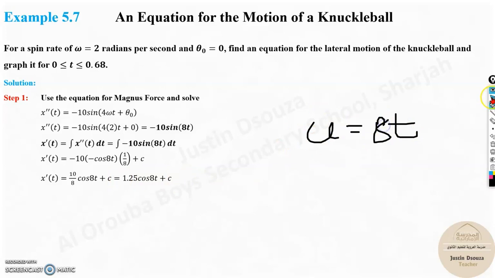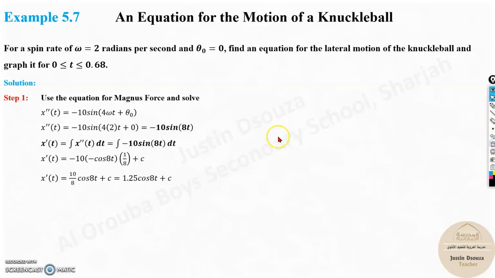What will be du? You need to differentiate this. It'll be du is equal to 8 dt, sorry, du by dt is 8. Take this to the other side, it'll come down, so you will have dt equals du divided by 8. So that's why it's 1 by 8 over here when you solve it.